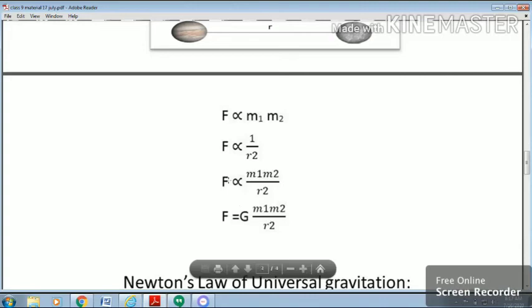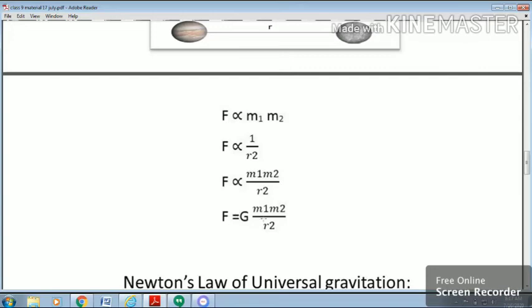Now this proportionality sign is removed by a constant always, and here in the universal law of gravitation, the constant is capital G and is called universal gravitational constant.